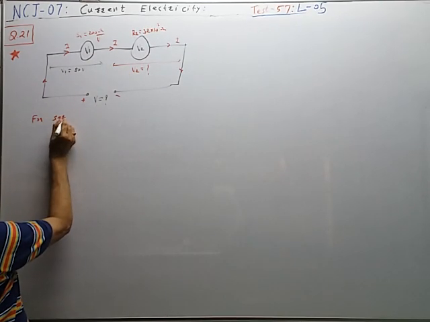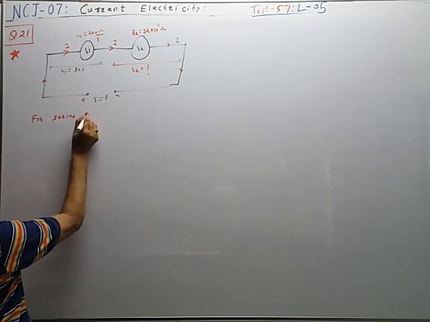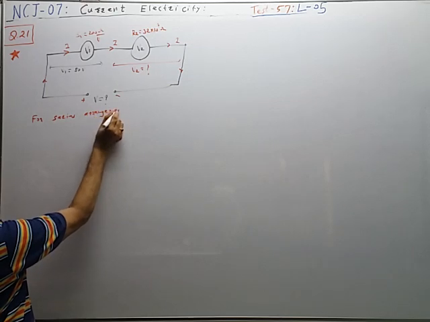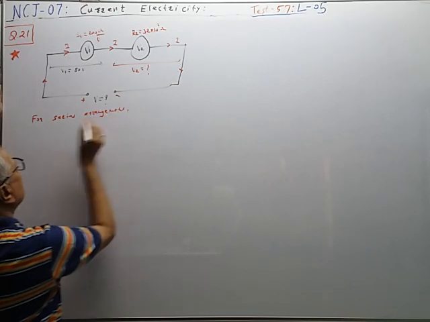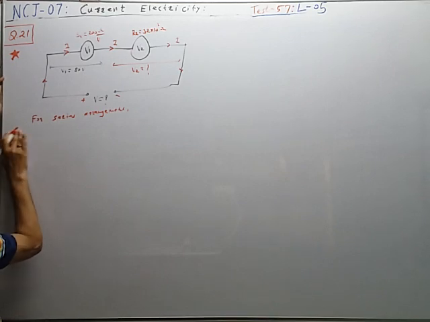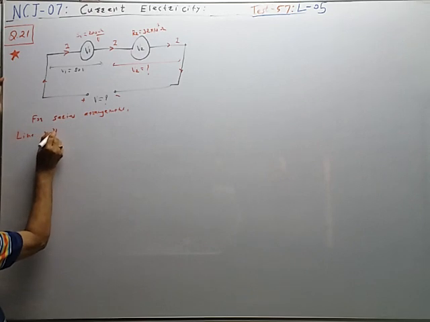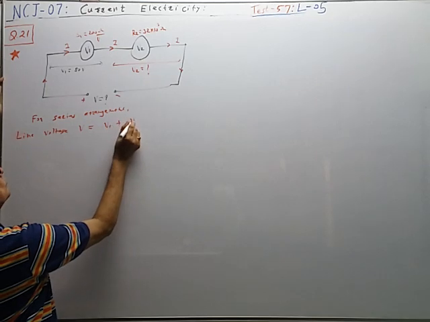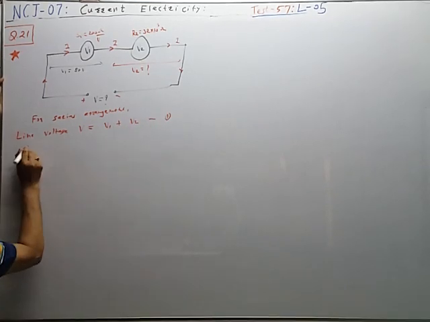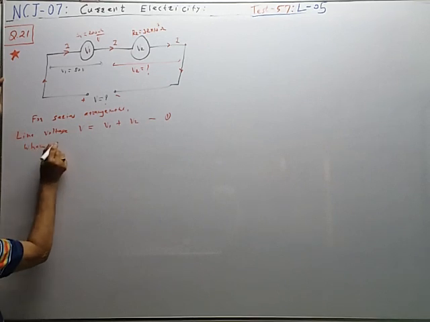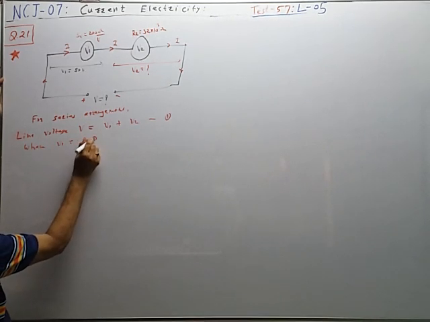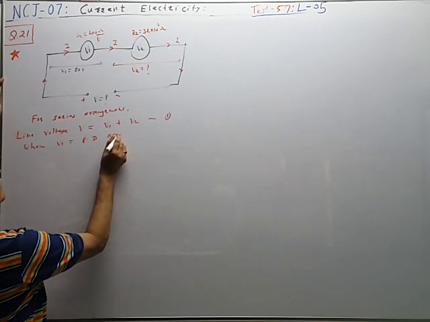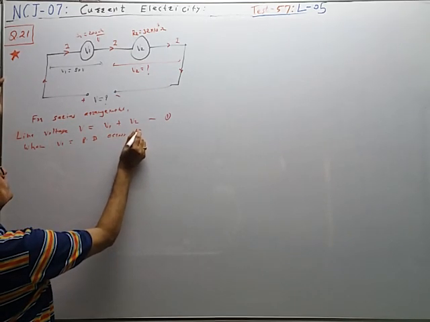For series arrangement, applied voltage V or line voltage V is equal to V1 plus V2. This is equation 1, where V1 is equal to potential difference across first voltmeter.